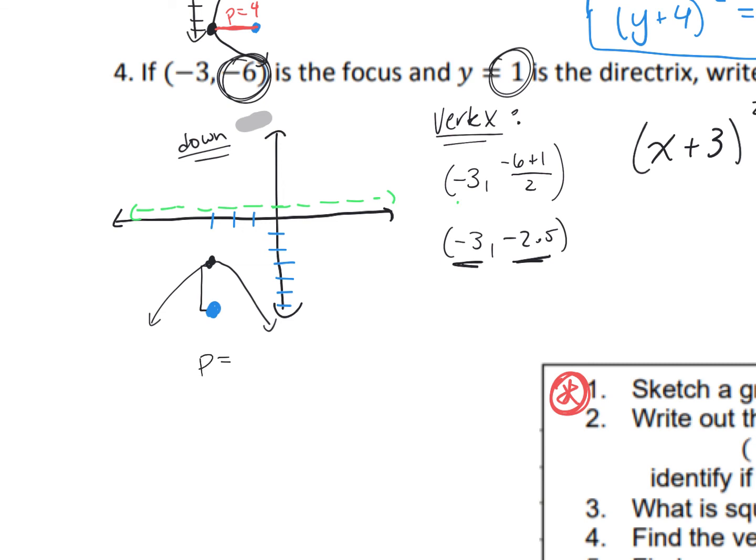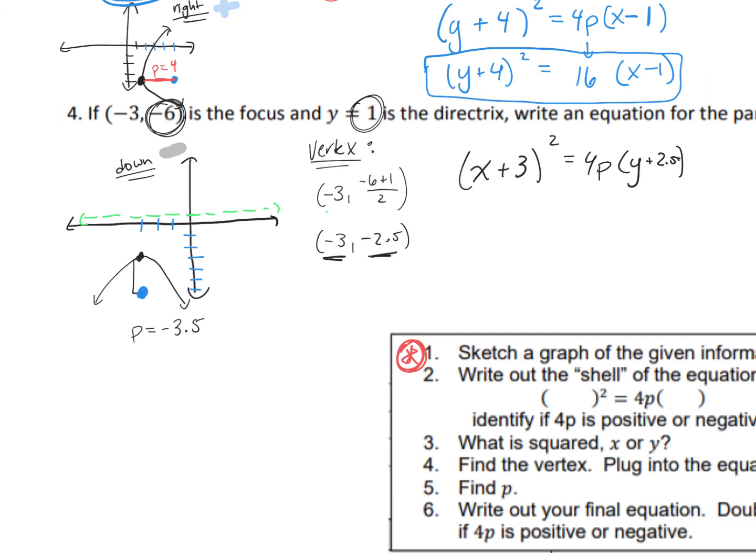All right, so hopefully you paused the video. For that value of p, I can count on the graph or just subtract the two numbers. That value should be negative 3.5 because, again, it's opening down, so I know it has to be negative. So let's go ahead and plug that in right now. So I have (x + 3) squared equals 4, plugging in that value of p, that negative 3.5, and then (y + 2.5).